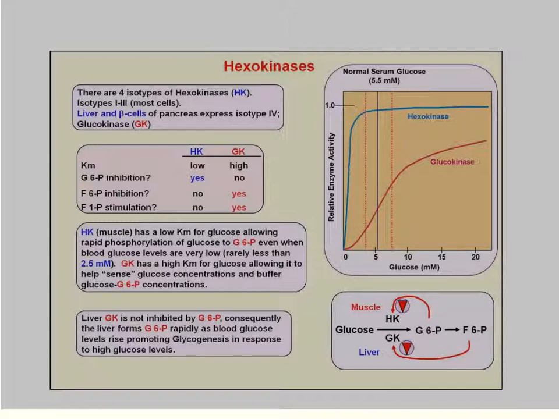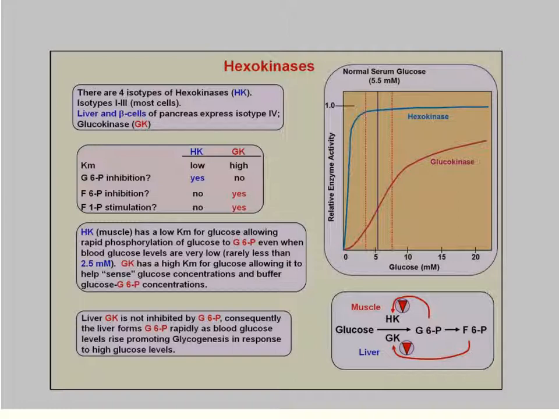What we have here is that the Km for hexokinase is very low, and the Km for glucokinase is very high. What that means is that whenever glucose enters the cell and binds with hexokinase, it doesn't stay bound for very long. It goes in, hits hexokinase, and becomes glucose 6-phosphate.